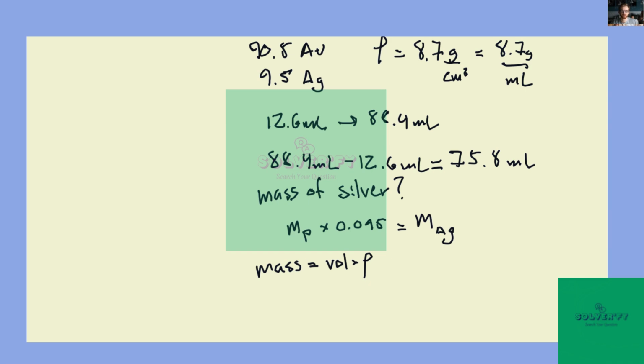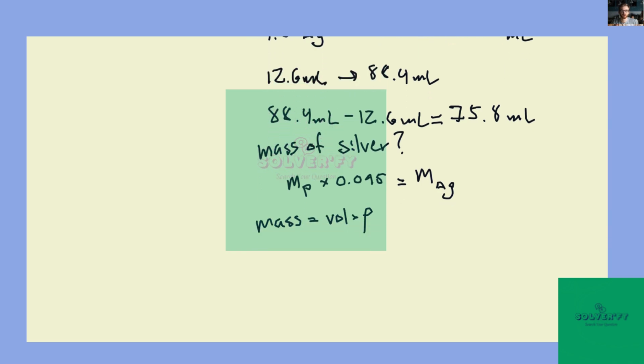Well, now we know the volume because it displaced 75.8 milliliters. We know the density because they told us that. We multiply those numbers together, and we should get the mass of the pendant in grams. So the volume, we just said, is 75.8 milliliters.